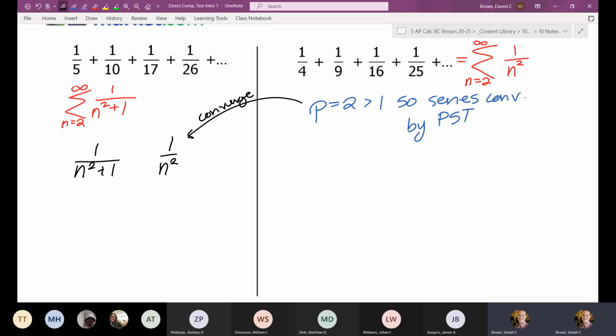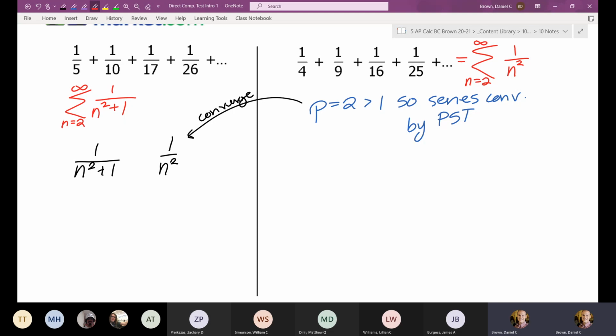And when I say compare them, you want to figure out if the unknown series is always going to be inside of the known or outside the known. Is it going to be bigger or larger than the one that we know about? This 1 over n squared plus 1 has the bigger denominator than 1 over n squared.